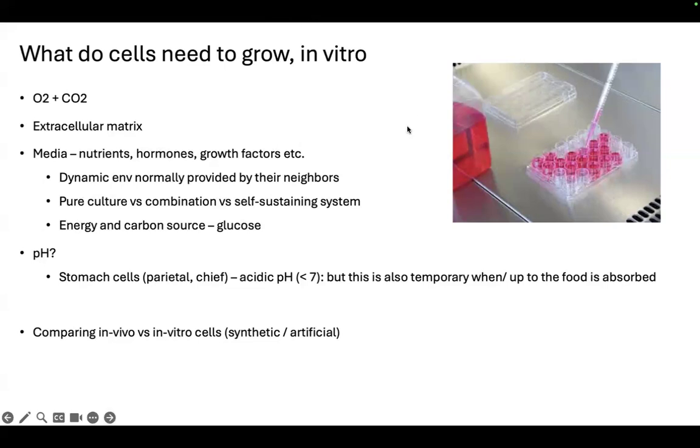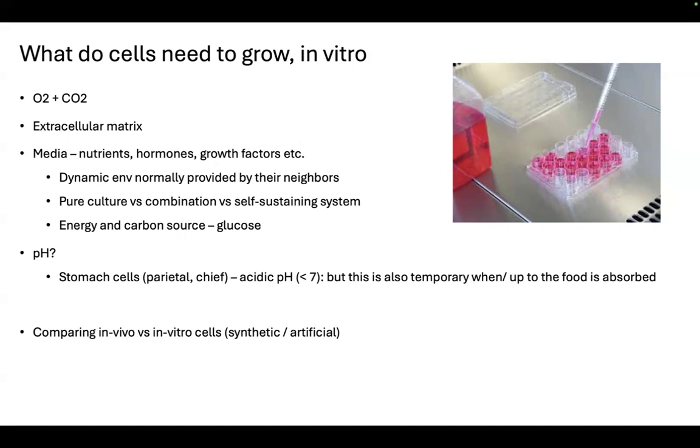So we came across these two words, in vivo and in vitro, whatever you prefer to pronounce it. Normally there's a dynamic environment that is provided by their neighbors. Neighbors could be the same cell type, one other cell type, two, or multiple other cell types.